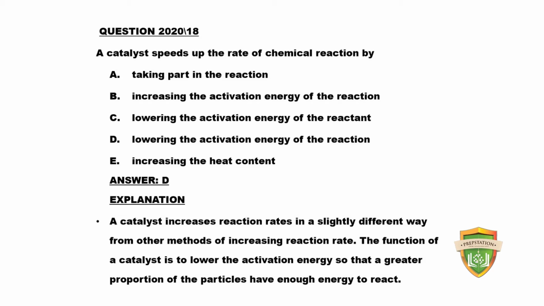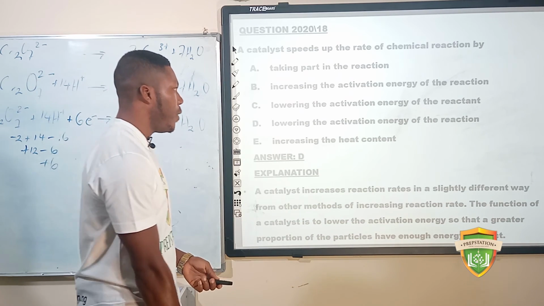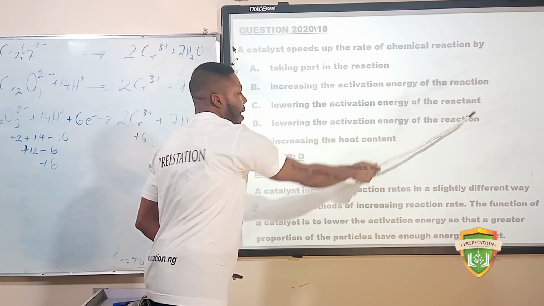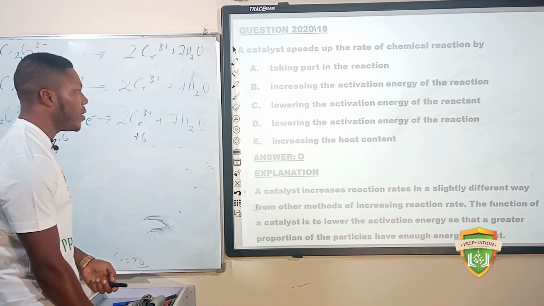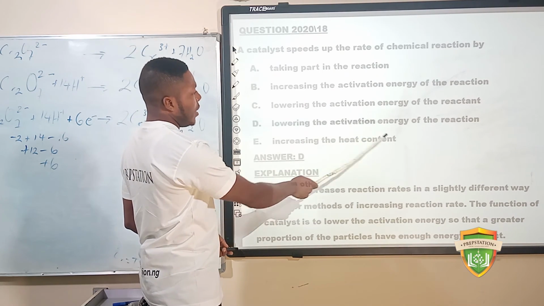Now, this C and D, you have to be careful. They're almost the same thing, but here we have reactant and reaction. So the real answer is D, lowering the activation energy of the reaction.